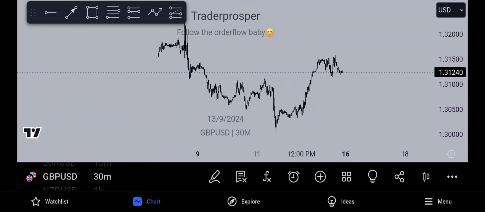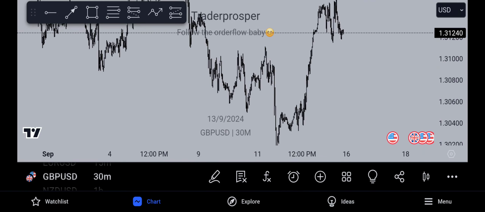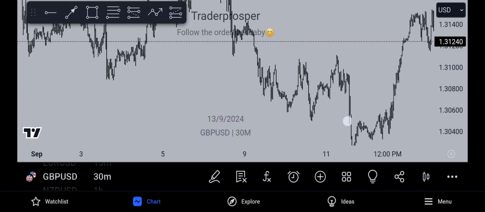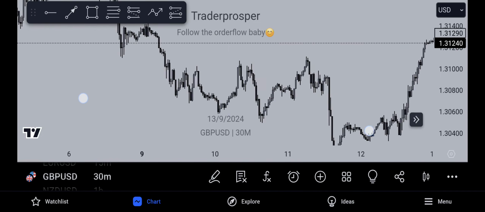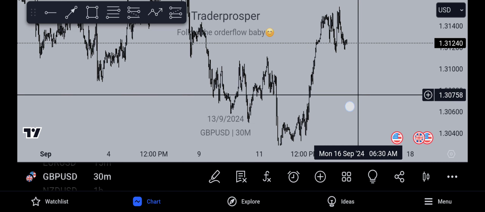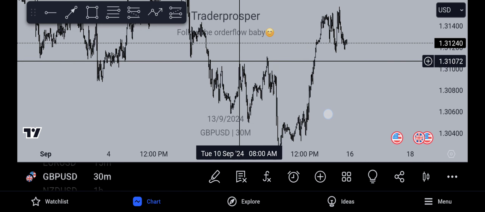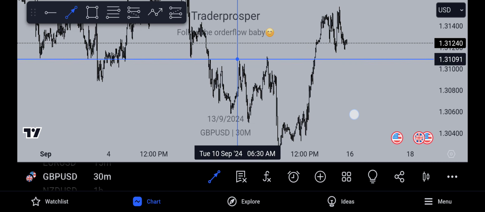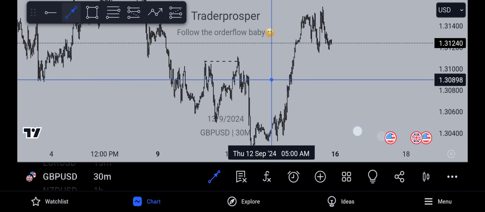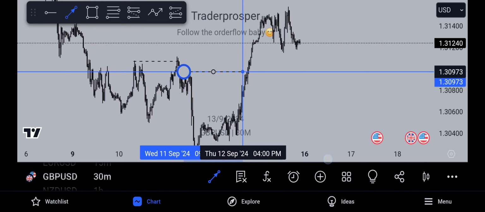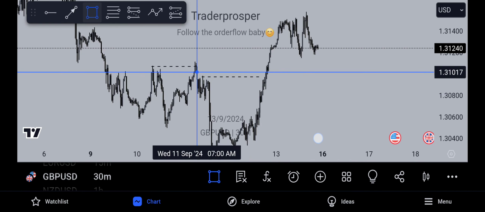So on GBP USD, man, this guy showed me shege, very good shege. What I can remember here is we took these guys' sweep as our sweep, structural liquidity, then my other block.